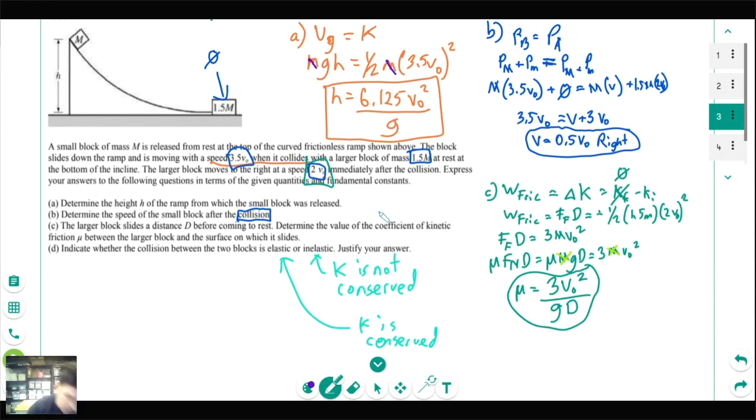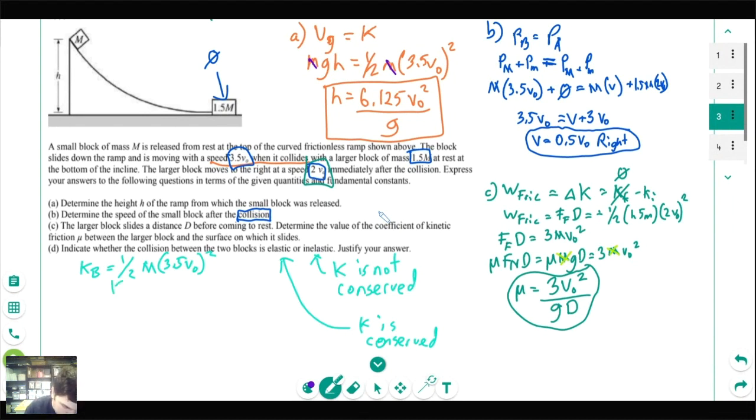All right, so let's work through. Kinetic energy before is pretty easy. There's only one block moving. That's the block m. So this is 1/2 m, sorry, 3.5 v naught, squared. And then we go through again, we square it, we get our 6.125 in there.